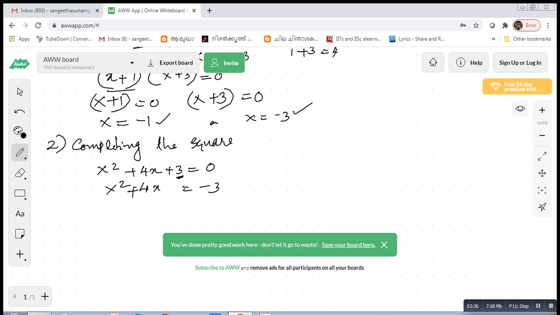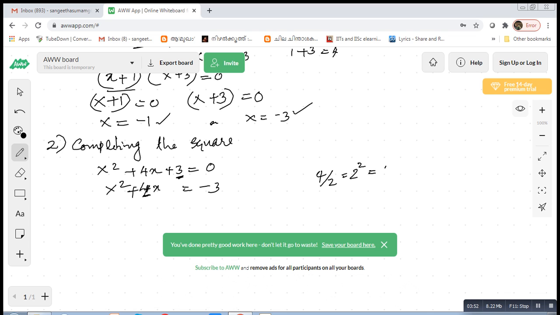And now what we can do is we'll take half of the x coefficient and we'll square it. So half of the x coefficient is 2, and if you are squaring it, you'll get 4.